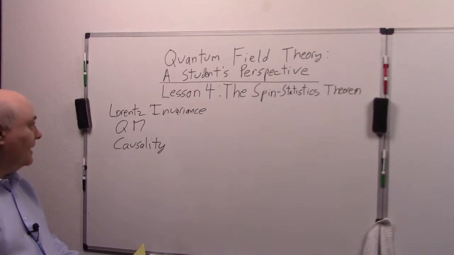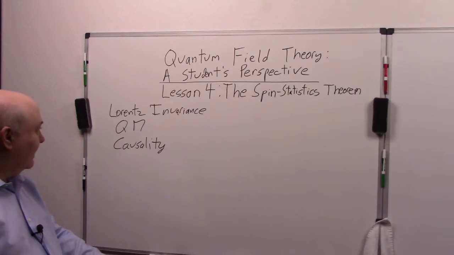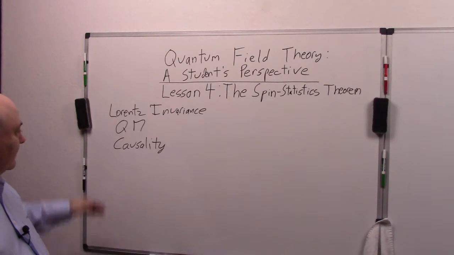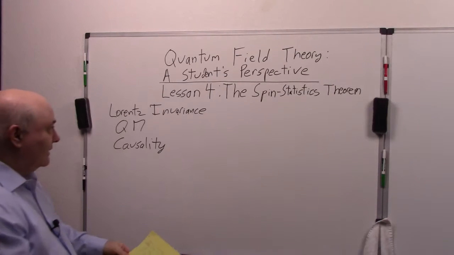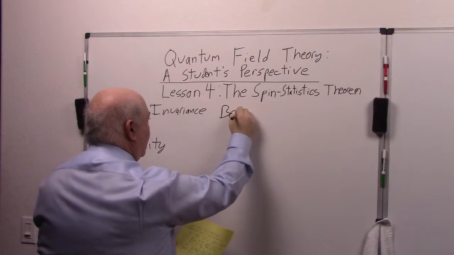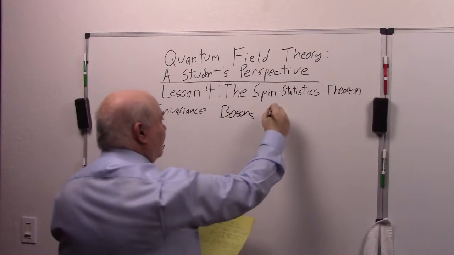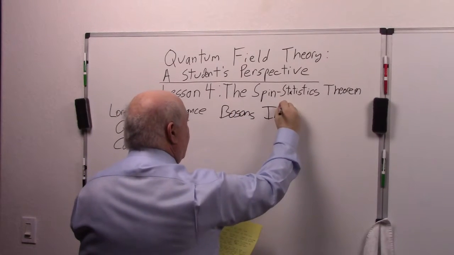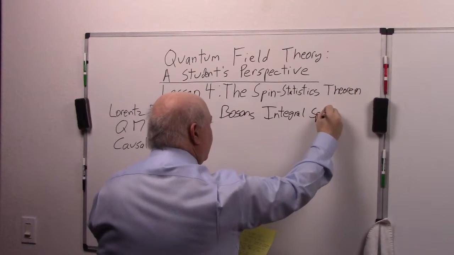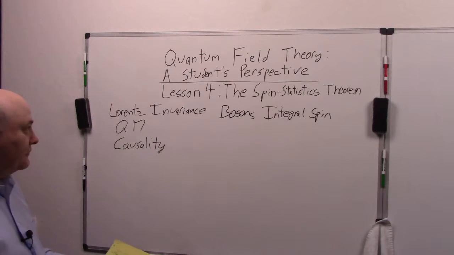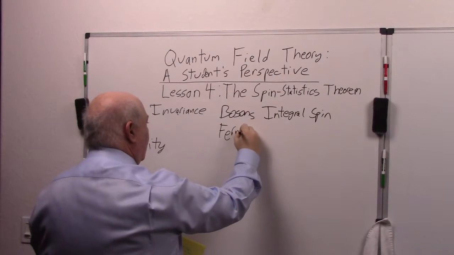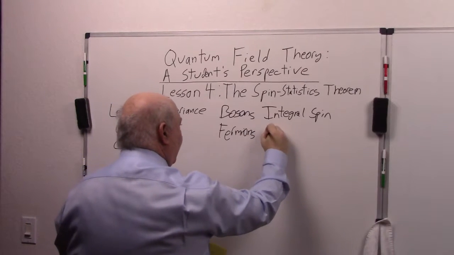The end result is that this combination of quantum mechanics, relativity, and causal effects leads to two kinds of particles: bosons, which have integral spin, and integral spin includes 0, of course. And then we have fermions, which have half integral spin.